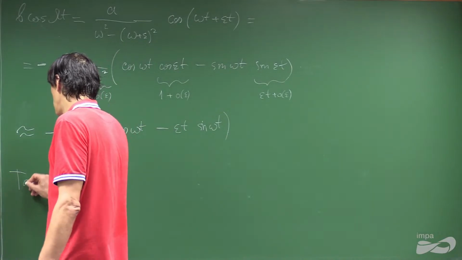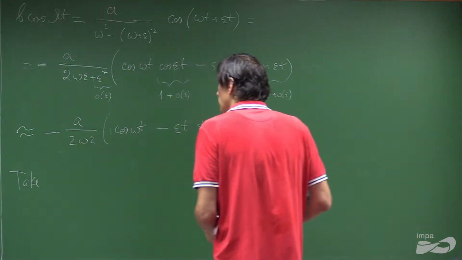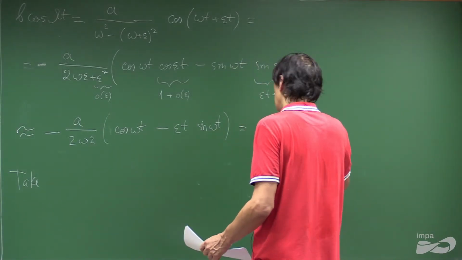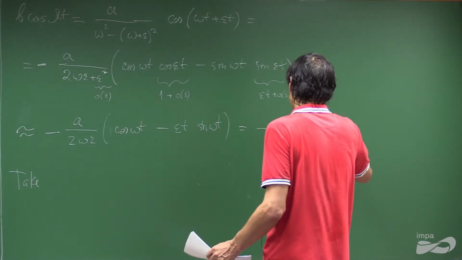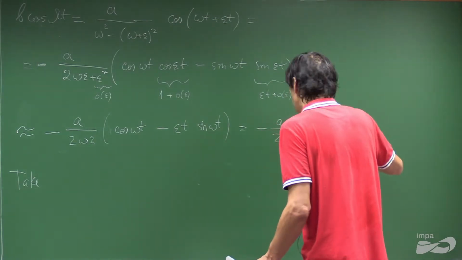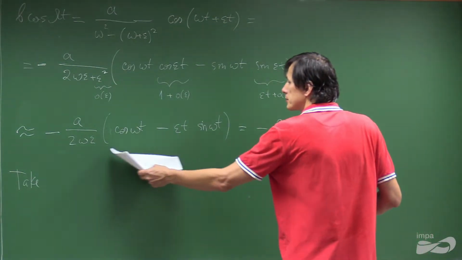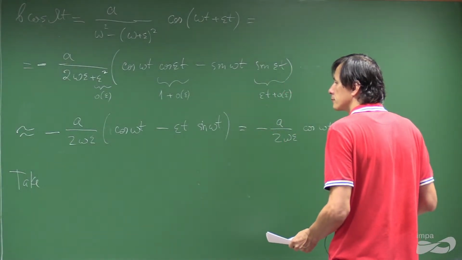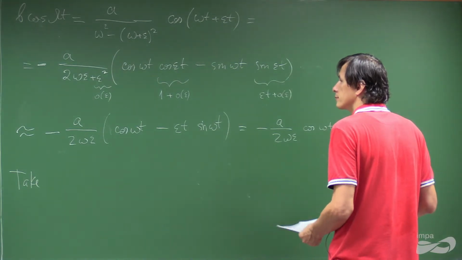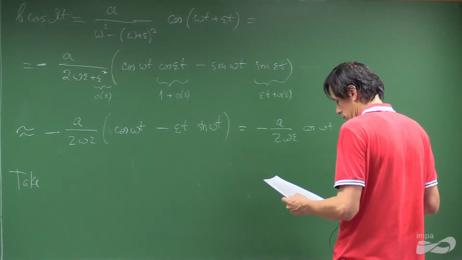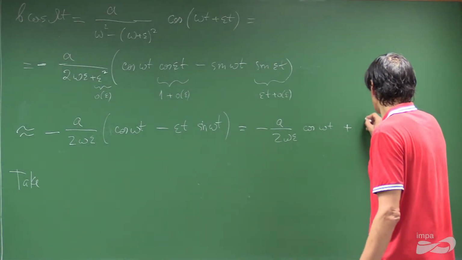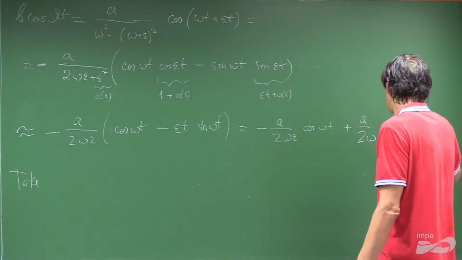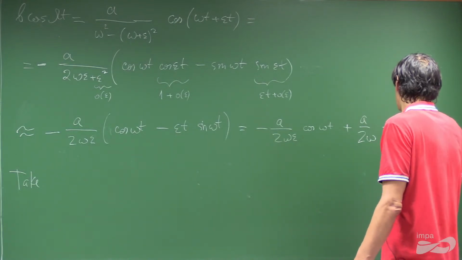So now we know what to do, because okay, let's open the parentheses. So it will be minus a over 2 omega epsilon cosine omega t plus, epsilon cancels, you see, so it will become a over 2 omega t sine omega t.